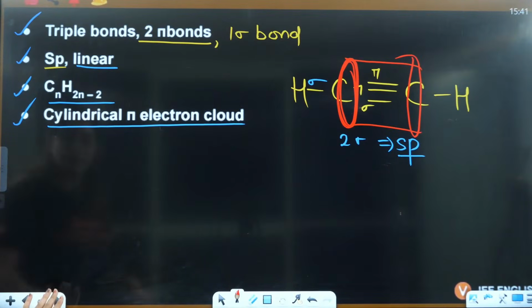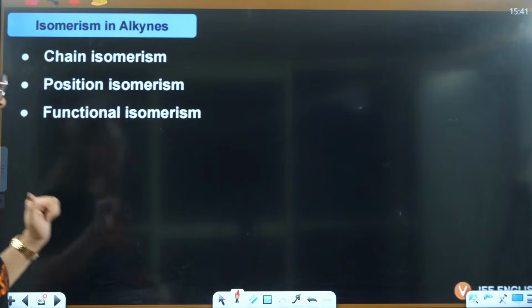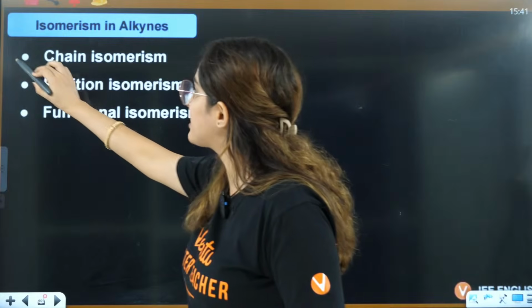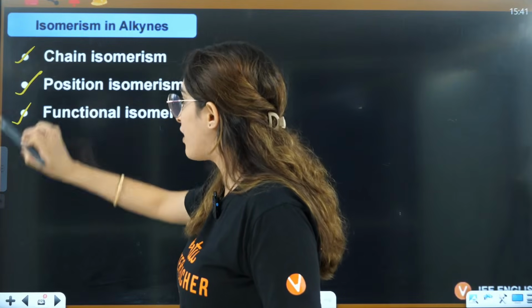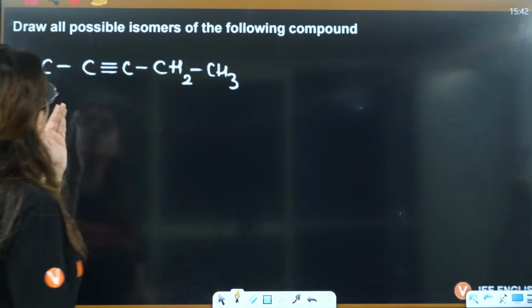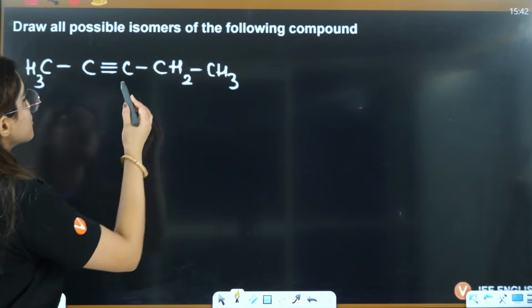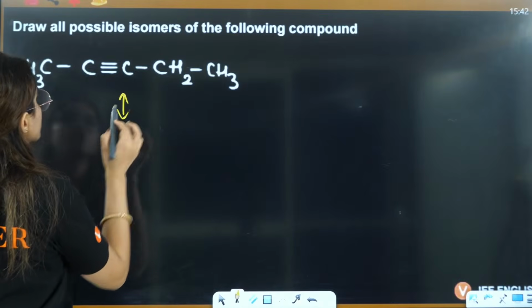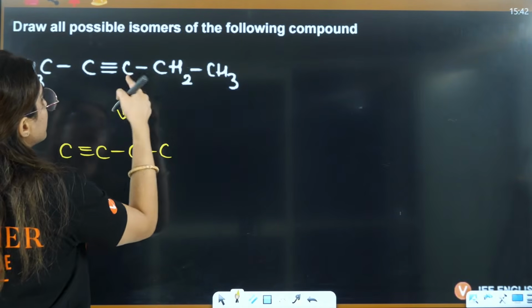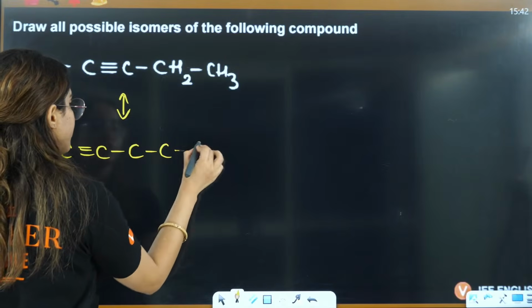Okay. Then isomerism in alkynes. If you talk about the isomerism in alkyne, it shows chain isomerism, position isomerism, and functional isomerism as well, right? Let's talk about how. If you talk about the position isomer, it can show you C triple bond C at position 1, 2, 3, 4, 5.